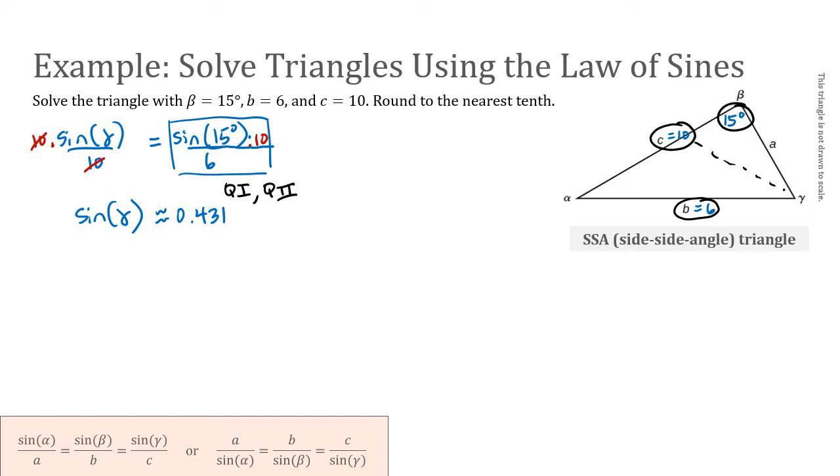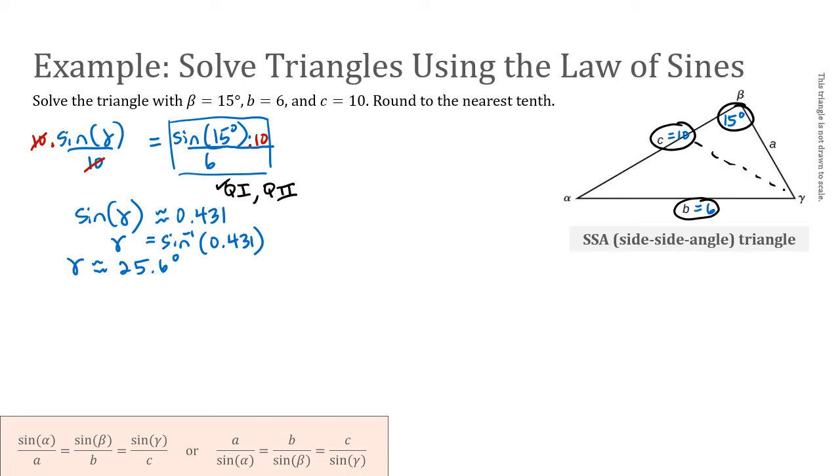If I take the inverse of the left, I'm left with gamma. And if I take the inverse sine of 0.431, I get that angle gamma is approximately 25.6 degrees. And that is in quadrant 1, so that's my quadrant 1 answer.